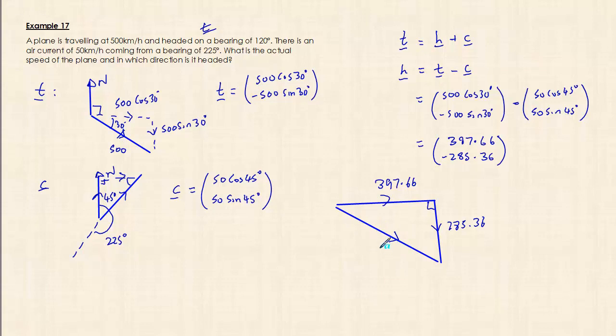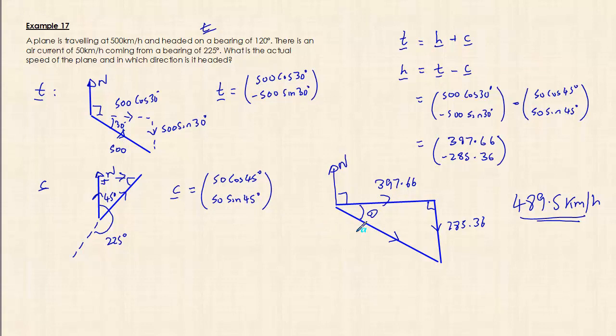And we're interested in the magnitude of that vector, which is the speed. And this angle will help us give the direction, because remember, north is just here, and this would be 90 degrees. So, using Pythagoras' theorem, we'll find that the speed is 489.5 kilometers per hour to 1 decimal place.